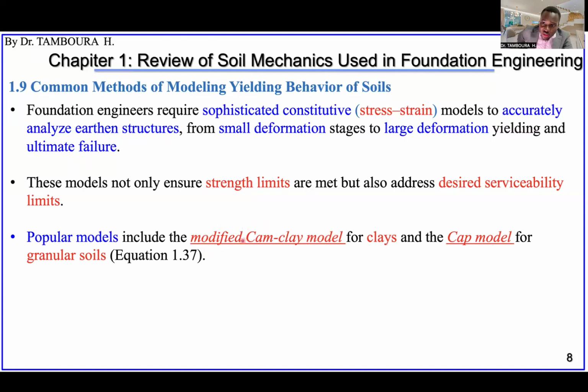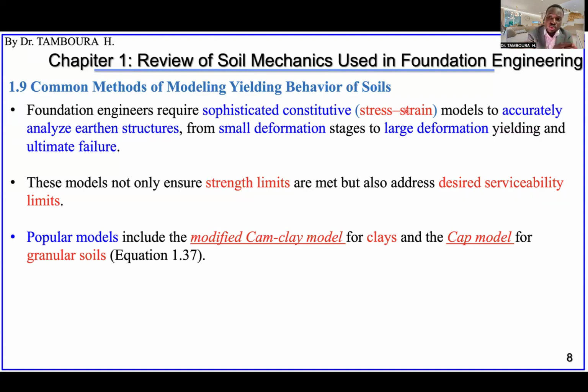Please, when I say model, will you understand what I mean? It is the constitutive model. It means the relationship between stress and strain. That's all. What is the relationship between stress and strain in case of clay?